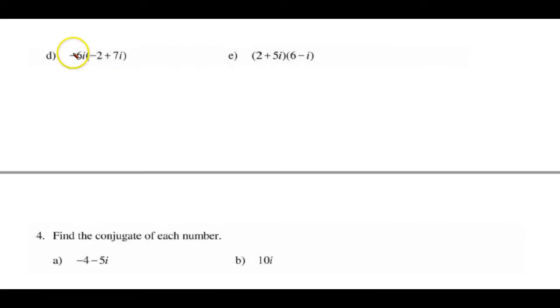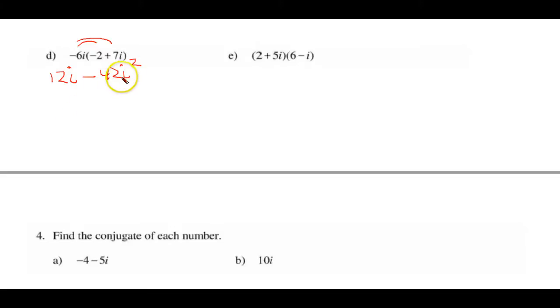Now in example D, we're going to distribute, watching the signs, but anytime we get an i squared, we have to convert that to a negative 1. And then later we'll FOIL. But let's do this one. This is going to be a positive 12i, and this is going to be a negative 42i squared.